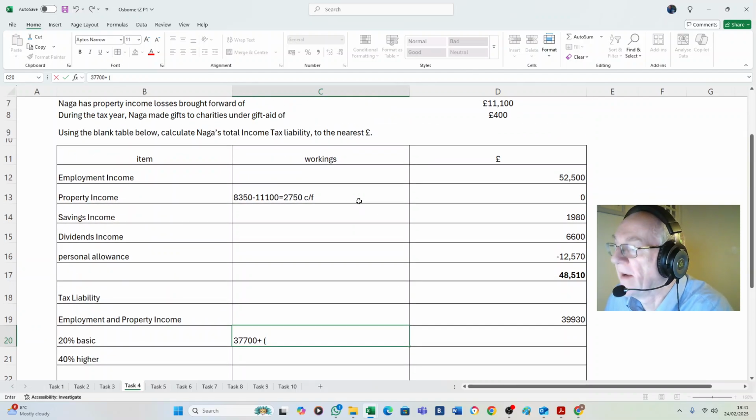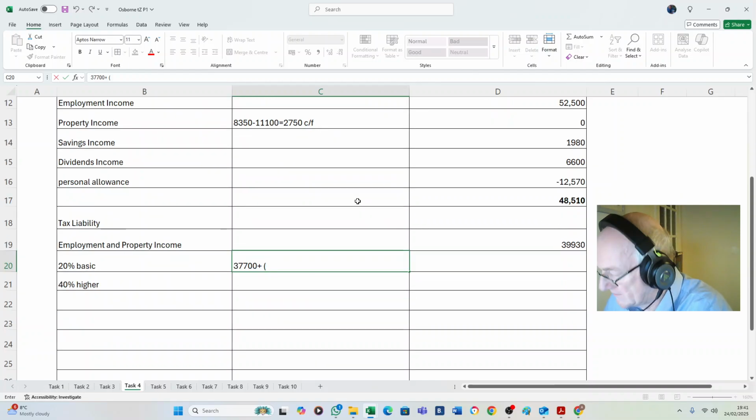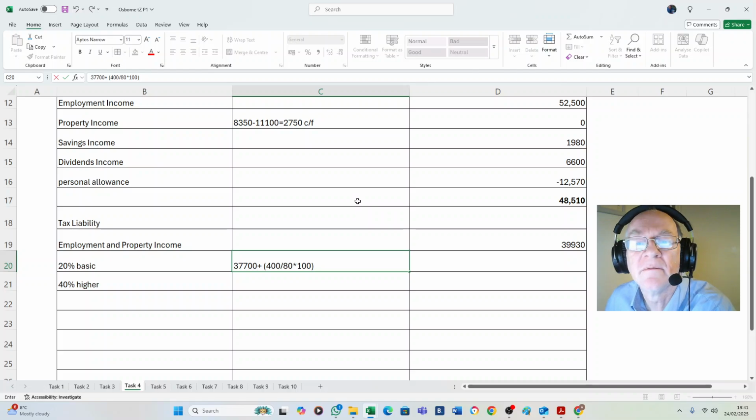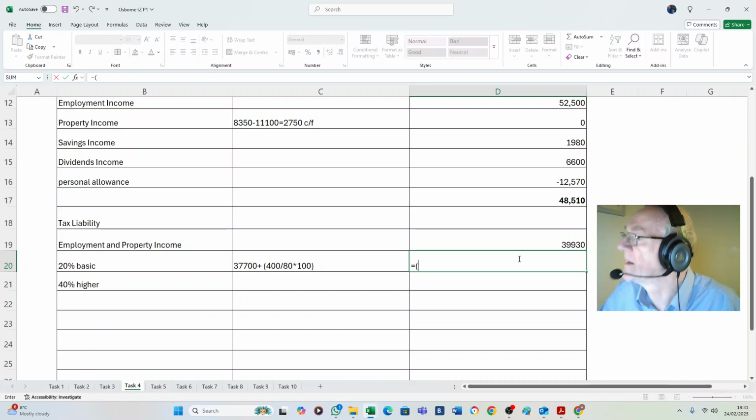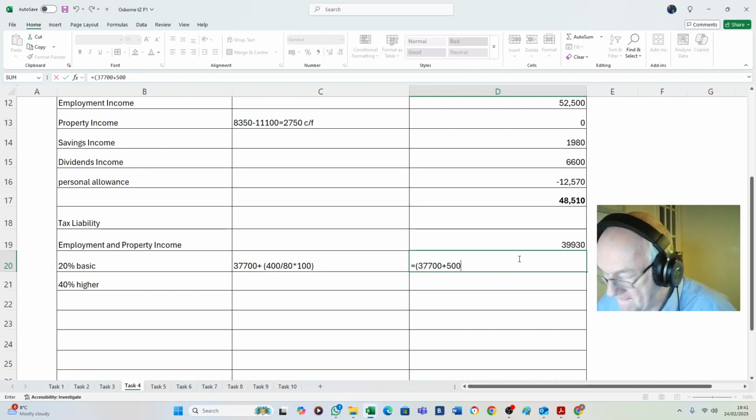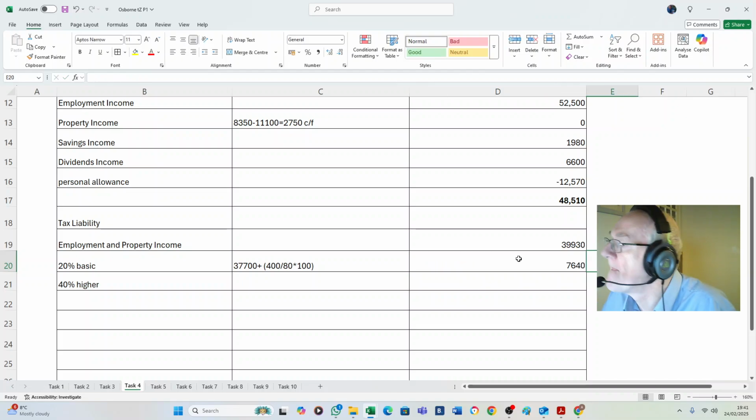So the normal bandwidth, the 37,700, and it's £400, so it'll be 400 grossed up, which is 500. So just to show it, so 37,640.